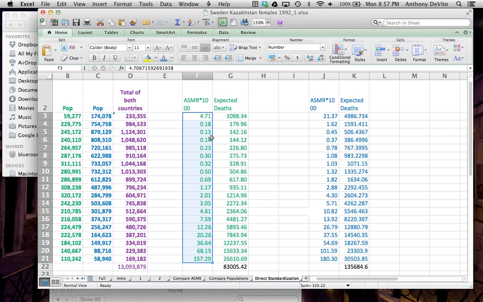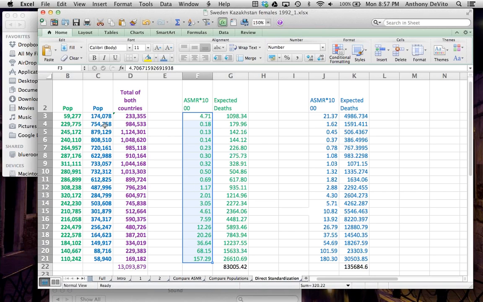Okay, so we need to find a population that we can apply these rates to that's the same for both countries. And there's a number of ways we could do that. One way is to find a third country, somewhere in the same region, and use that country as the population that we're going to apply both of these age-specific mortality rates to.